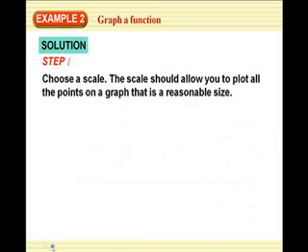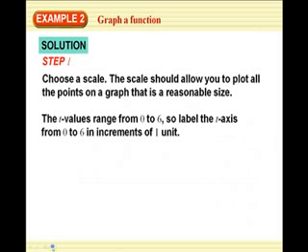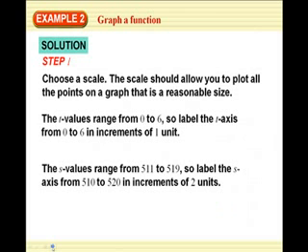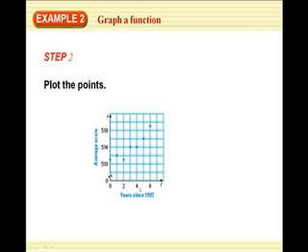So what you have to do is now you have to decide what's my scale going to be. What are my ranges going to be? So you look at that, let me get the graph up here. Okay, you look at this. It says the years since 1997, notice they numbered those 0, 1, 2, 3, 4, 5, 6.